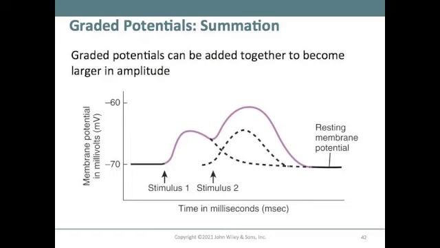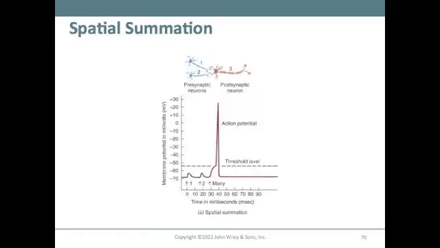So when we have more than one stimulus coming in, all these stimuli are exciting our action potentials and our graded potentials. Those are what we call summation, and that can be spatial and temporal. Spatial summation, figure 12.25, page 449.